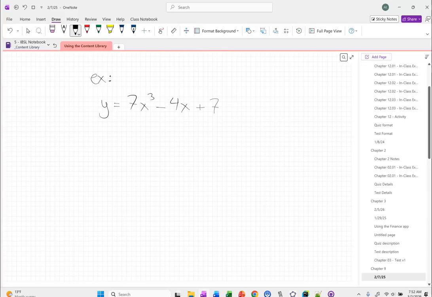So let's say we want to find the derivative of this function. We could write y prime equals, and what we're going to be doing is the derivative operation of that function called y.